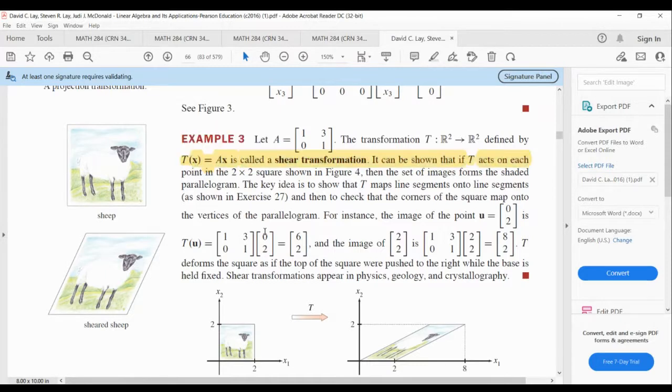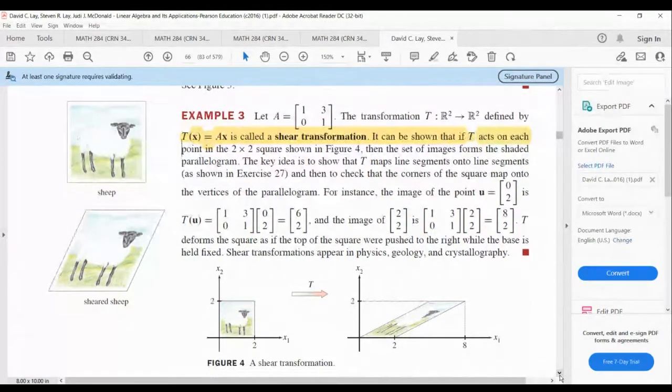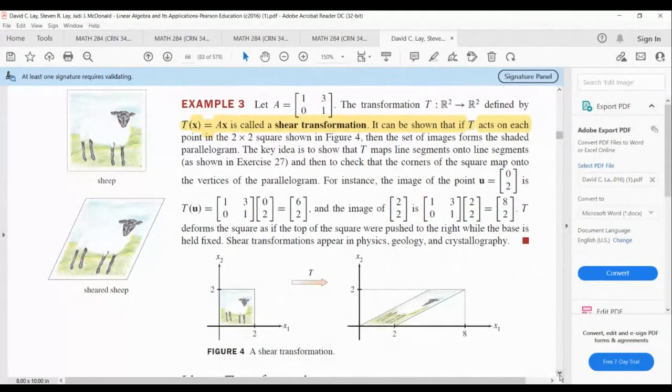It can be shown that if T acts on each point in the square shown in figure 4, and if we look below here, figure 4 is a little bit below.